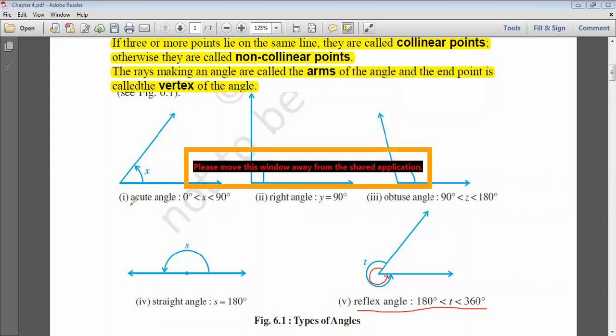And actually, all the acute angles lie in... We have learned in our chapter coordinate geometry.